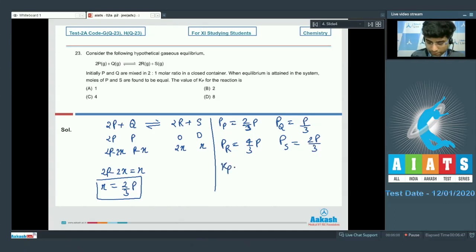Now let's find the value of Kp, which will be equal to partial pressure of R to the power 2 into partial pressure of S divided by partial pressure of T to the power 2 into partial pressure of Q. We can put in the values and get the result. This will be equal to 8. Hence the correct answer for this question is option D.